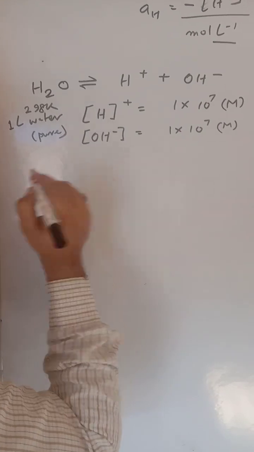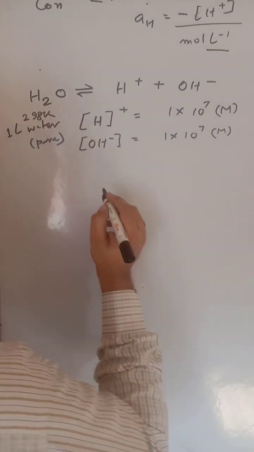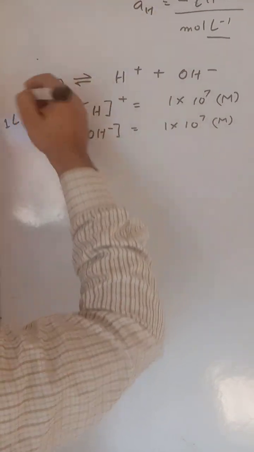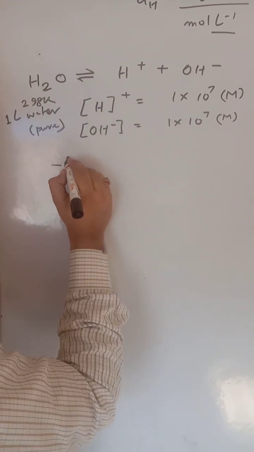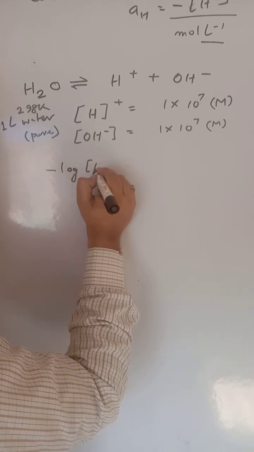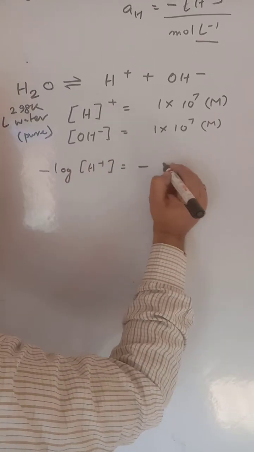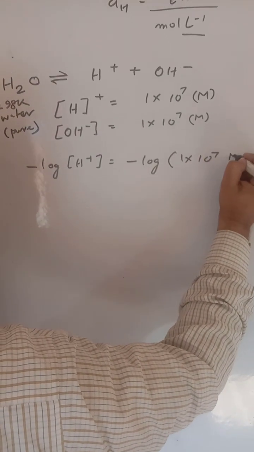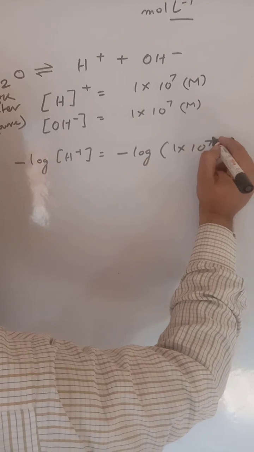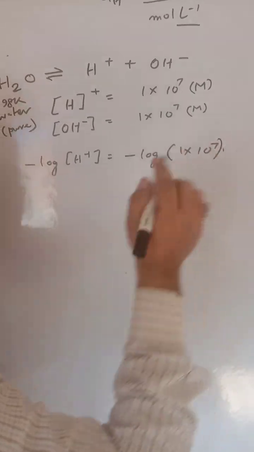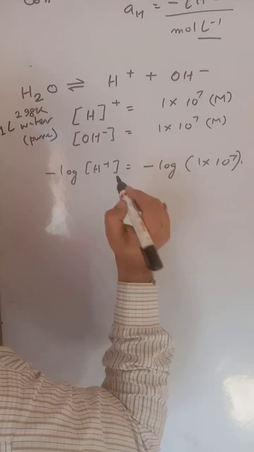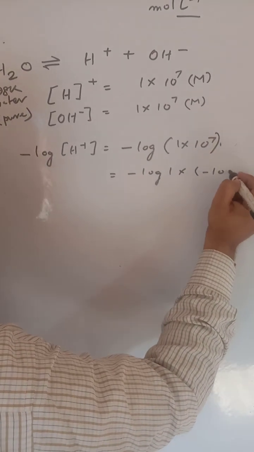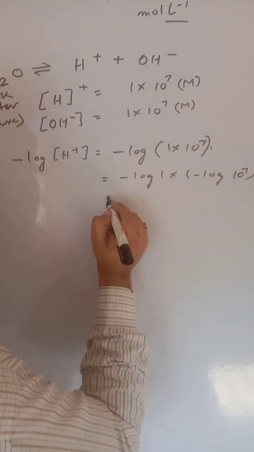Now we apply the definition. You are using the negative logarithm to the base 10, and since activity equals concentration, because we are dealing with dilute solutions, we can write pH equal to negative log of H plus, equal to negative log of 1 into 10 to the power minus 7. We may not write the unit, it doesn't matter. So it becomes minus log of 1 minus log of 10 to the power minus 7.